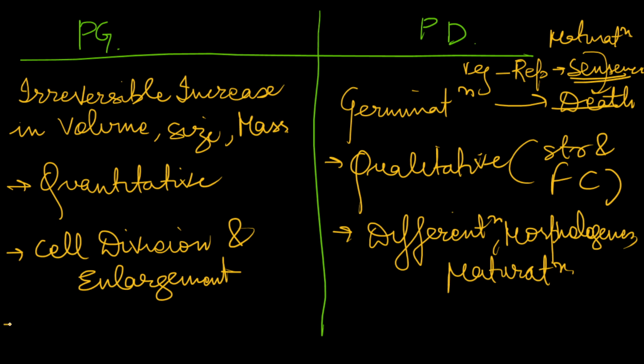Growth can be easily measured using length, weight, area, but development cannot be easily measured quantitatively. You cannot measure development in terms of length and area. It is a qualitative measurement you can do.